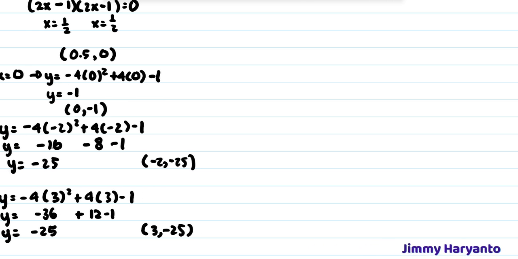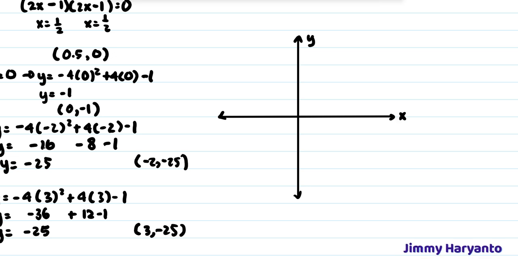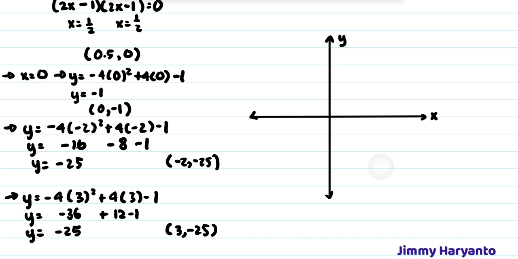Okay, I will just sketch it. This is the y, and that one is the x. The x-intercept is only 1, which is 0.5 right there, and then 0, negative 1 is right there.